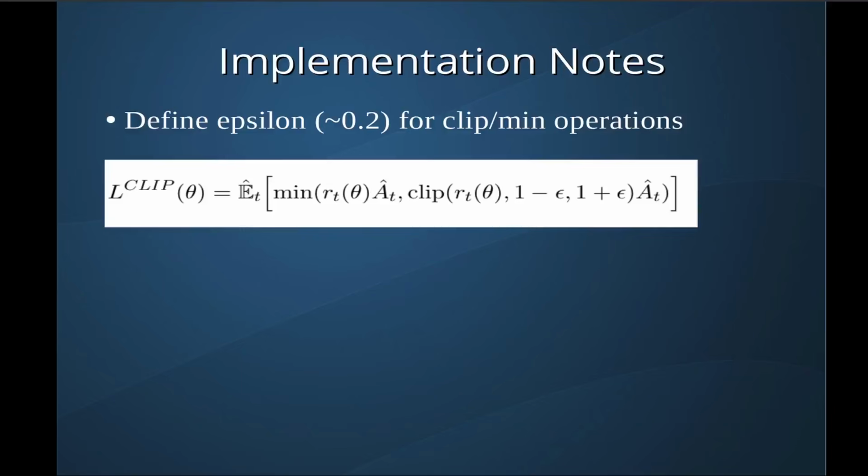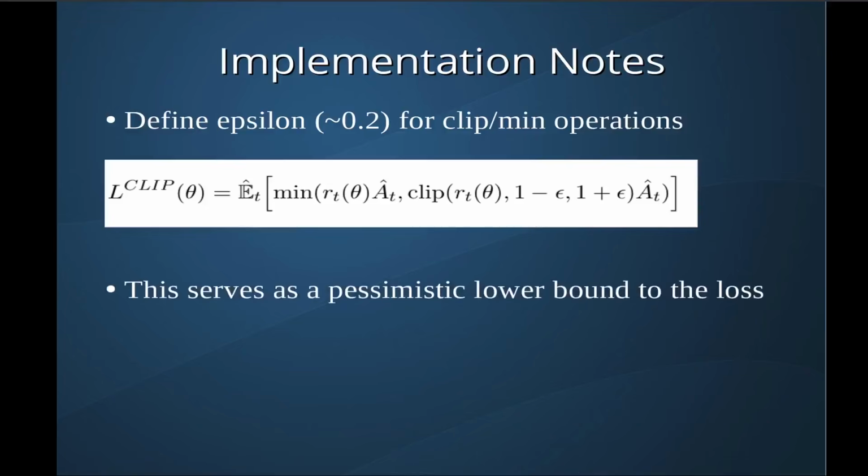So that ratio is going to be constrained to be close to 1. And you're going to multiply that by the advantage. And so that'll give you some number. And then you want to take the minimum of the clipped ratio multiplied by the advantage, and the unclipped ratio multiplied by the advantage. And that is what we will use for the loss for our actor network.